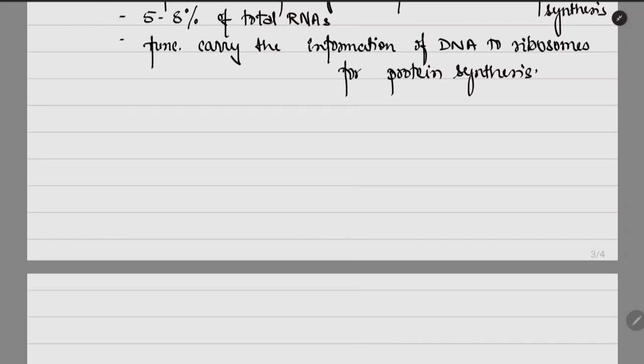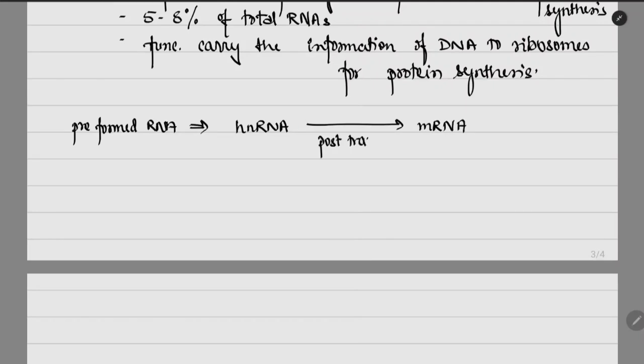HN means heterogeneous nuclear RNA, and after some kind of post-transcriptional modifications, the mRNA is formed. The precursor RNA, that is the HnRNA, where HN stands for heterogeneous nuclear RNA, is formed into mRNA by post-transcriptional modifications.